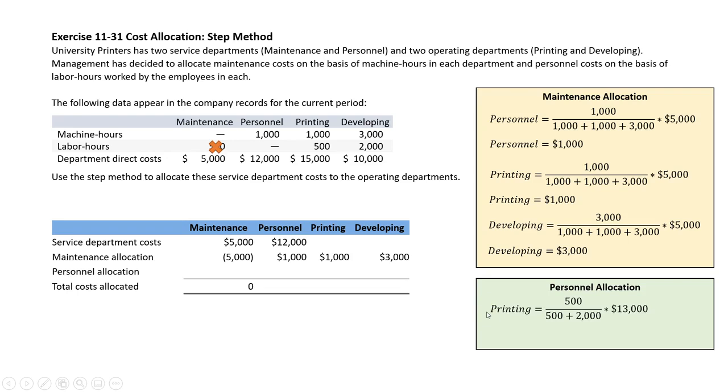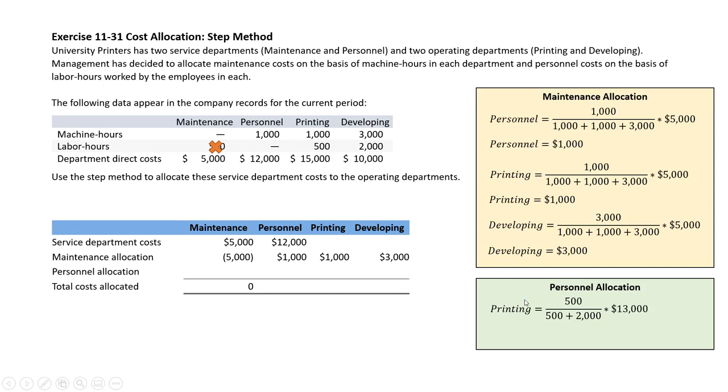One thing you have to keep in mind is that now we're not just talking about $12,000 of direct cost for personnel. We have to add in the $1,000 that maintenance added into personnel. So that's why we have here $13,000 total. Again, we're forgetting about the 500 hours that personnel provides to maintenance.